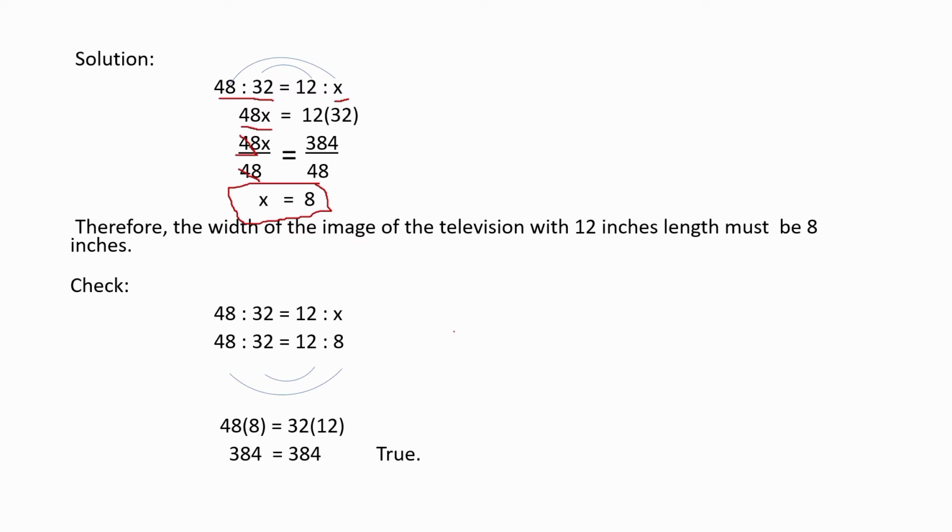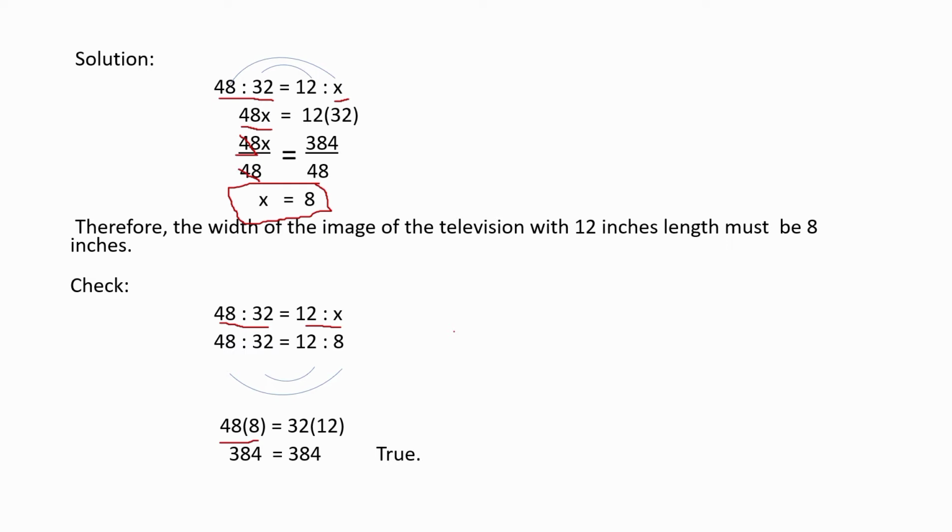Now, if we are going to check if our answer is really true, we are going to substitute the value of x here. So we have 48 is to 32 is equal to 12 is to x. Substitute the value of x, which is 8. Now you multiply 48 times 8, which are the extremes.